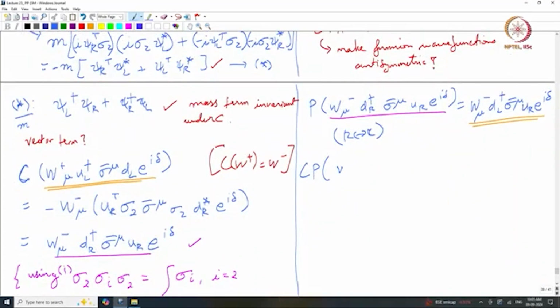So under CP that term, okay, up to some coupling constants was nothing but W plus mu UL dagger sigma bar mu DL e power I delta plus W mu minus DL dagger sigma bar mu UL e power minus I delta.